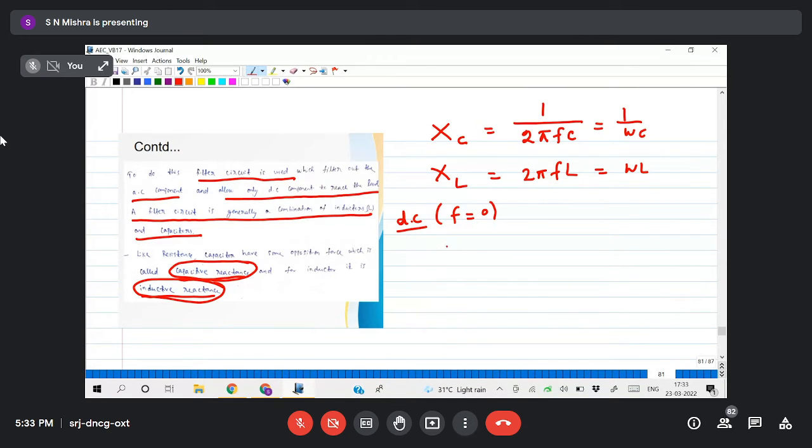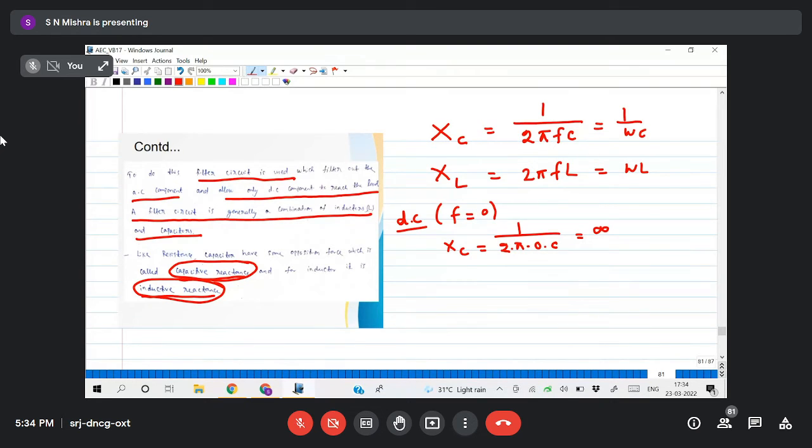Now, if I find XC, then what will I get? 1 by 2 pi, in place of F I'll put 0, into C. What is the answer? Infinity. That means if I pass a DC signal through a capacitor, it will have infinite impedance, or it will oppose the DC signal with infinite resistance.